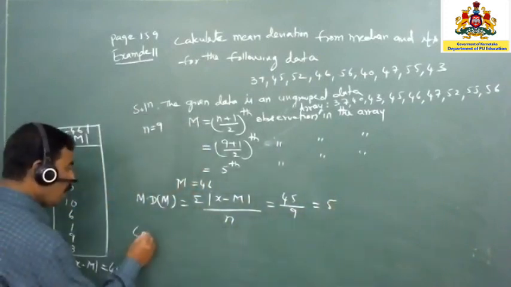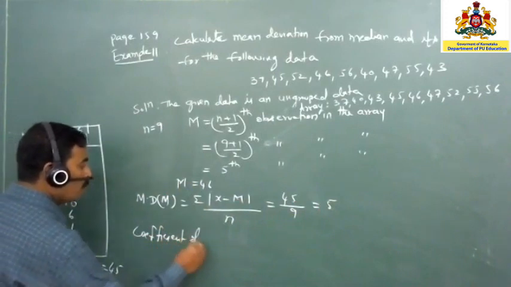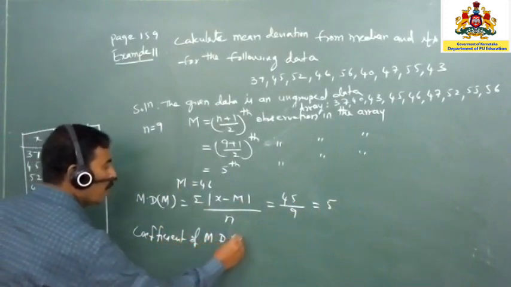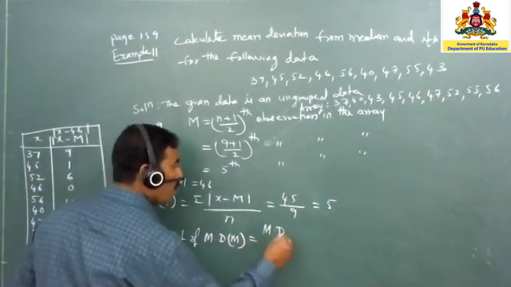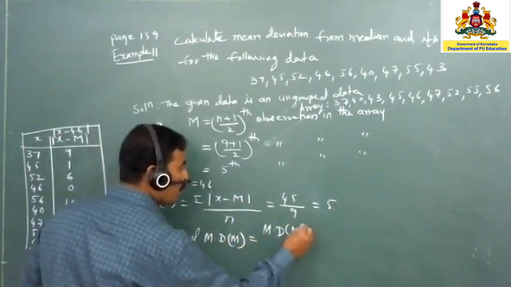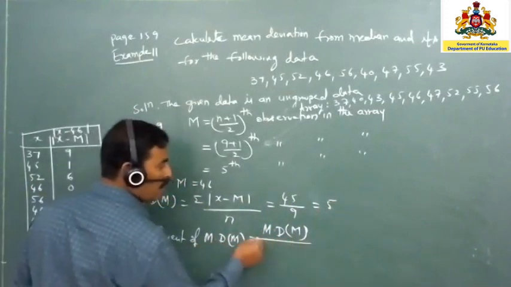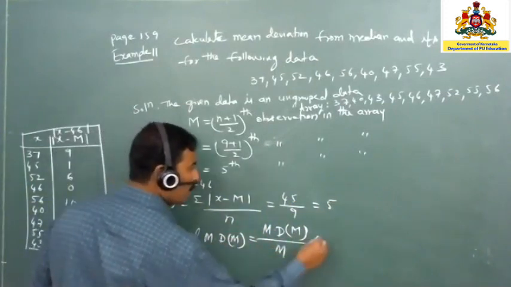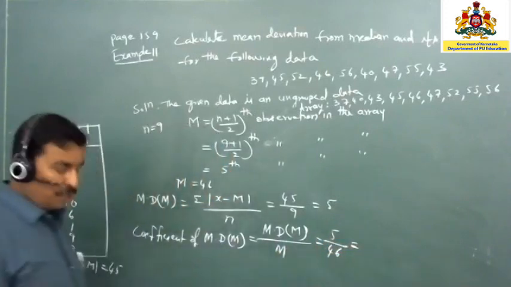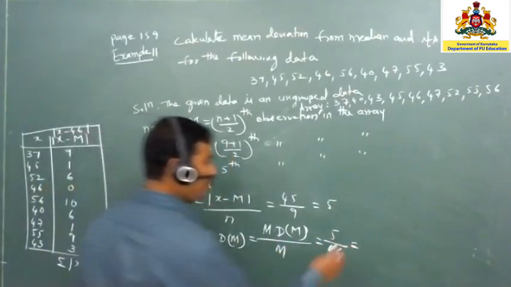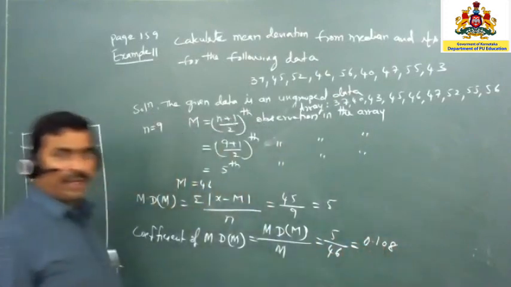Coefficient of mean deviation from median is mean deviation from median by median, equal to 5 by 46, equal to 0.108. Okay, I think you understood.